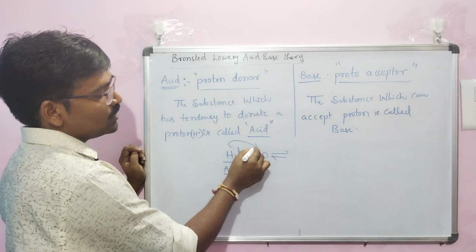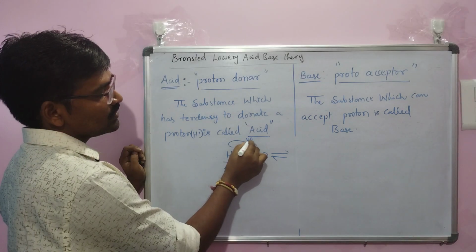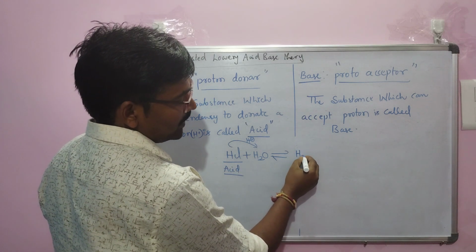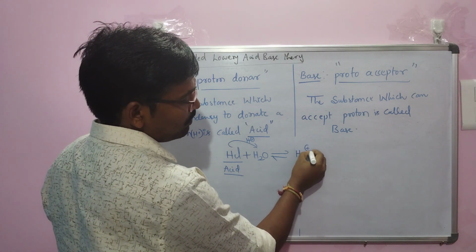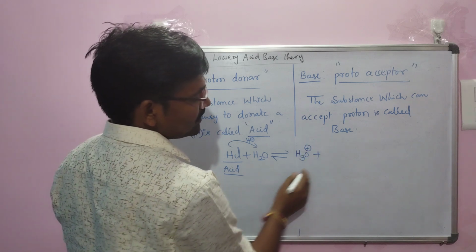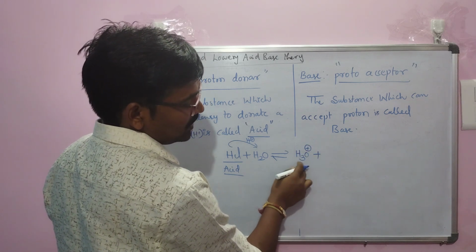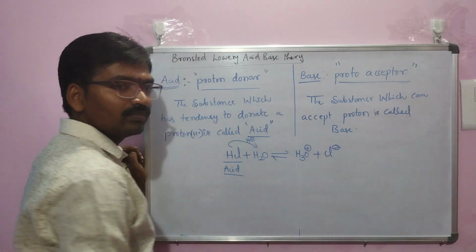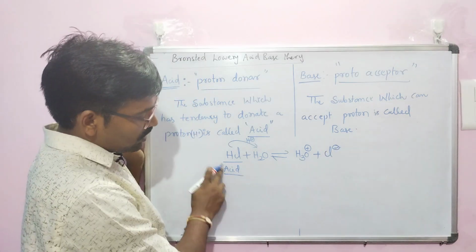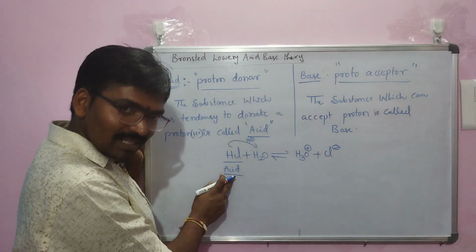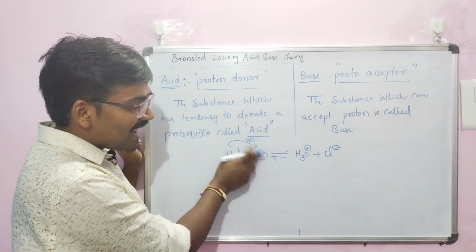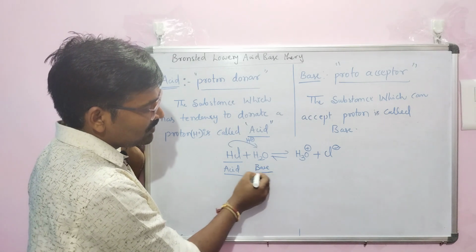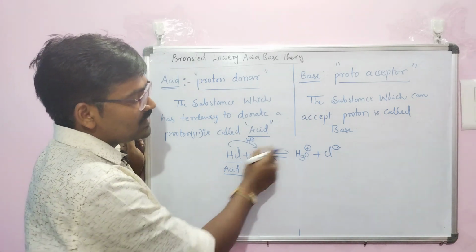It is donating a proton to H2O, which is converted into H3O plus, and Cl minus is formed. Here the proton is donated, so we call it an acid. Here the proton is accepted, so we call it a base. That is in the forward reaction.